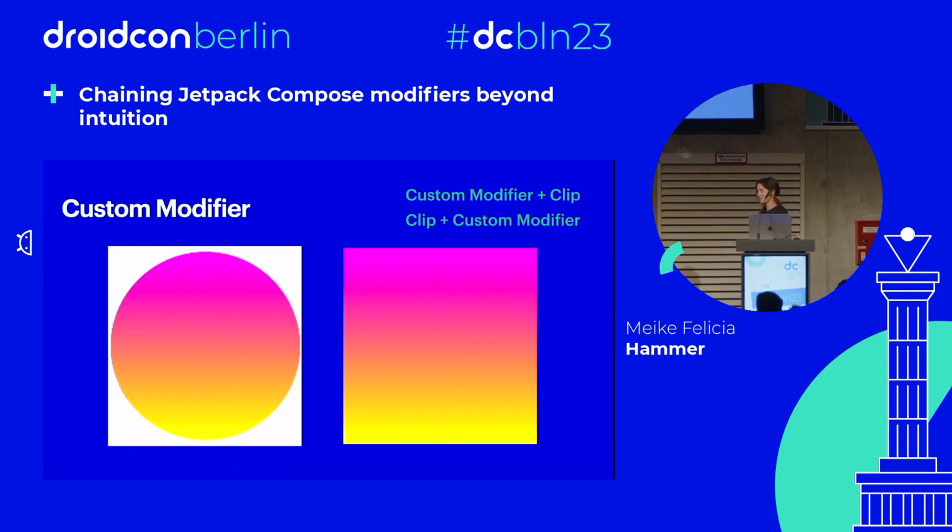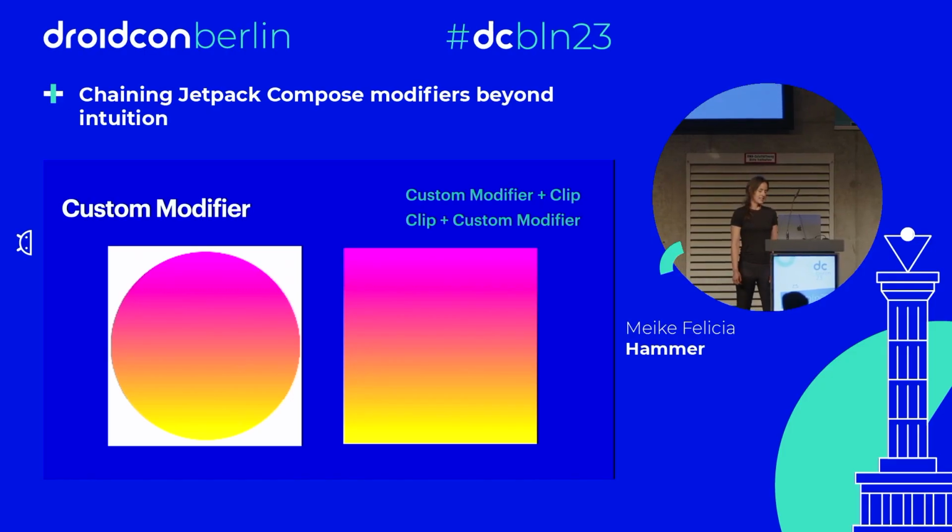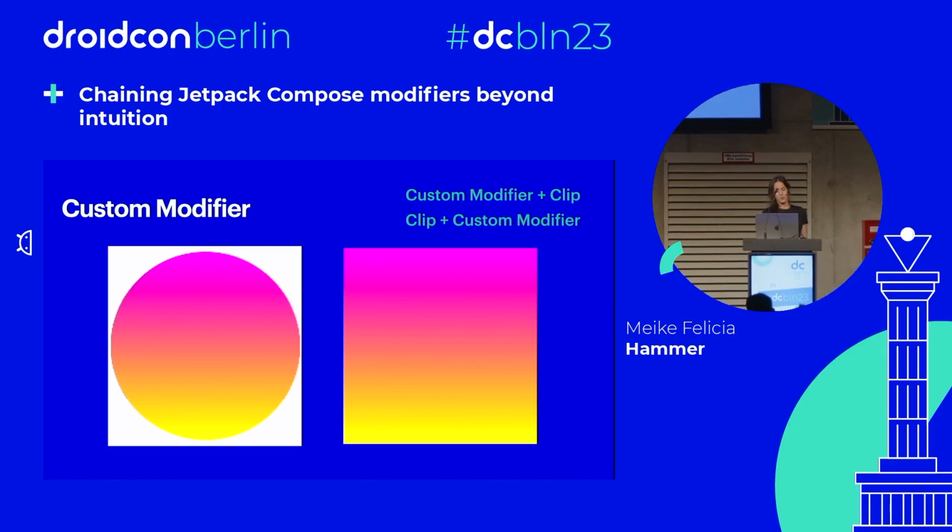And here again, we want to add another drawing phase graphics modifier called clip, which gives us that nice round thing. What we want to accomplish is that round shape. But just by swapping their position again, you can see either the left-hand result or the right-hand result. And let's see how that happened.